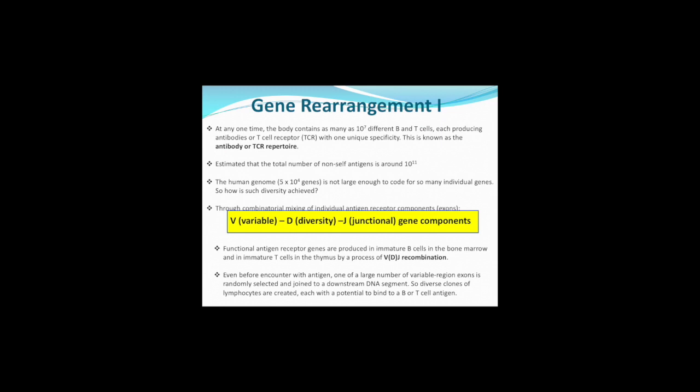So in that way, you can have 13 times 13 times 13 times 13 combinations. And in the same manner, the genes that code for antibody molecules in the variable region are derived from segmented forms of particular coding areas.